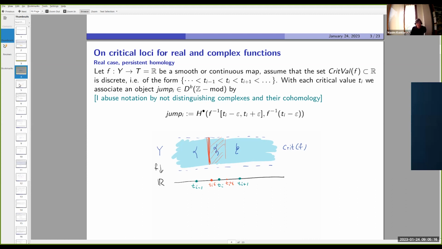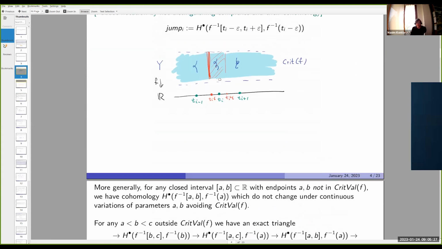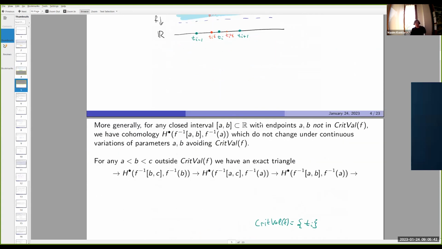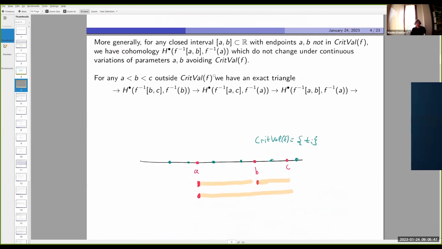What is the structure of these jumps? First of all, one can generalize them. These jumps are associated with intervals whose endpoints are not critical values; later you will see, one-dimensional disks in R whose boundary doesn't contain any critical value. Take any closed interval whose endpoints do not lie in the critical values, and again consider the homological pair: the pullback of the interval relative to the pullback of the left end.